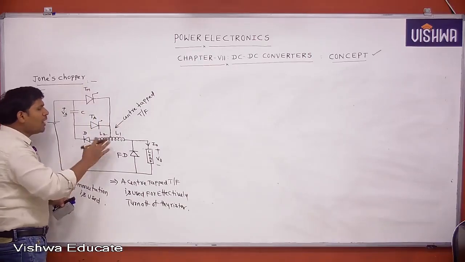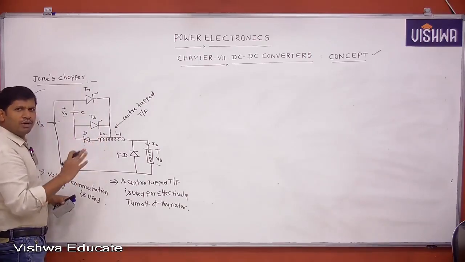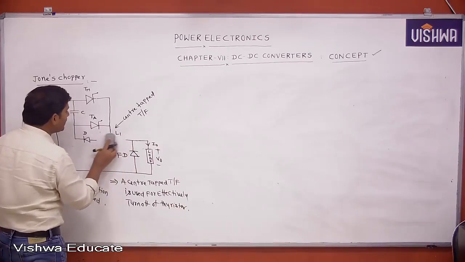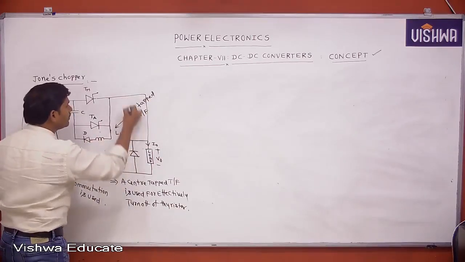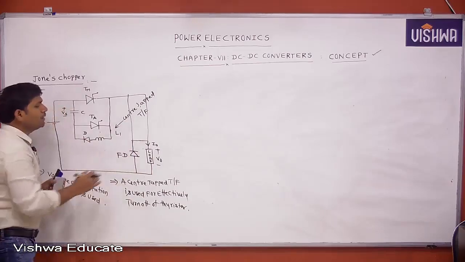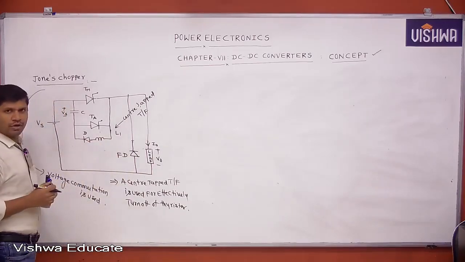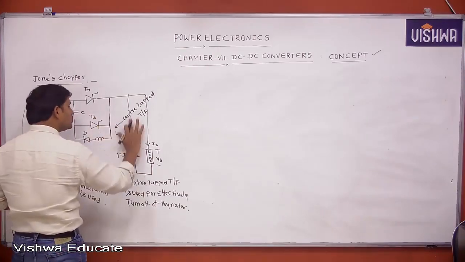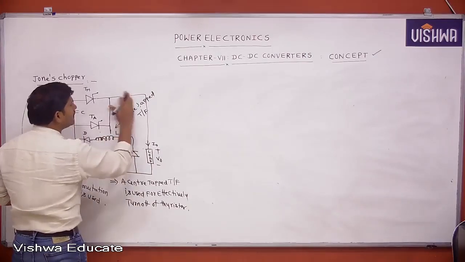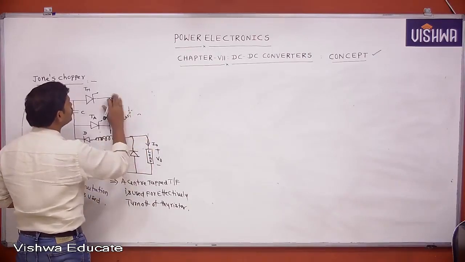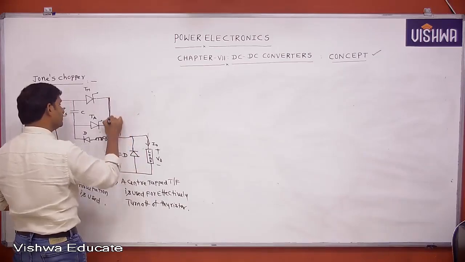Understood? This is a modification of the voltage commutated chopper only. This is the voltage commutated chopper. Now I am modifying this chopper using a center tapped arrangement, with L1 and L2. Then this becomes the Jones chopper. This is the only difference.